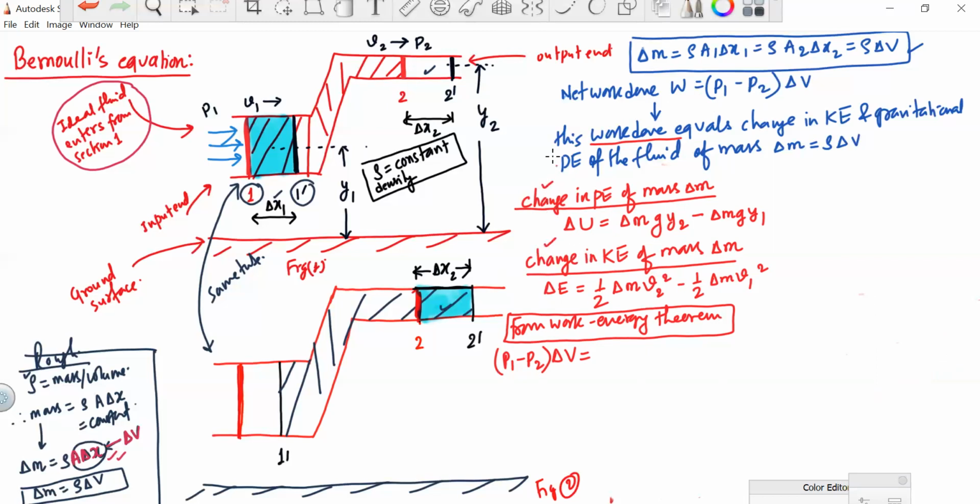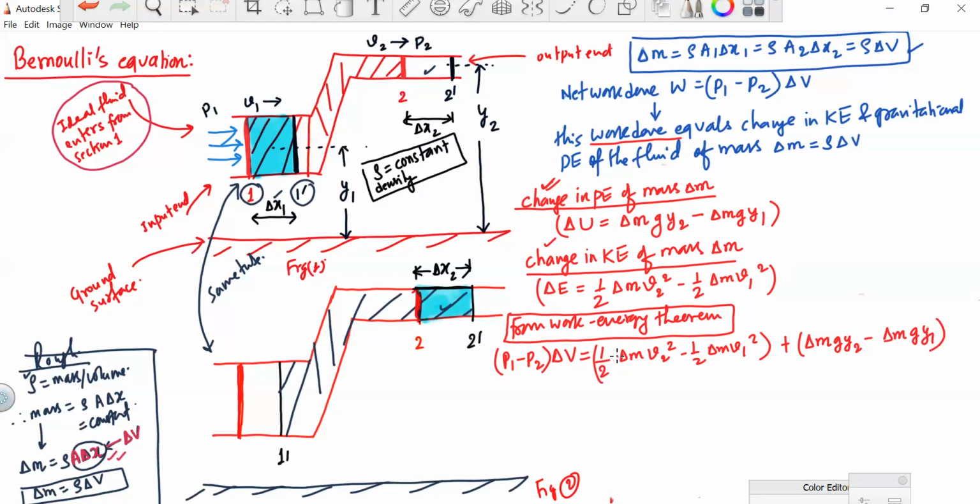Kinetic energy is represented by this, plus change in potential energy is this, so we can write delta m g y2 minus delta m g y1. So we have this, clear.